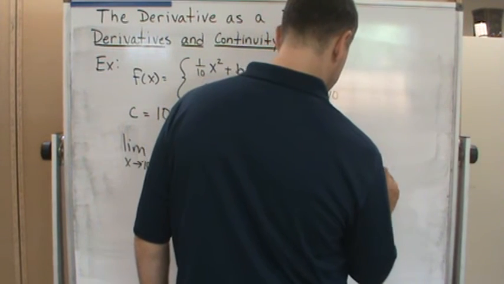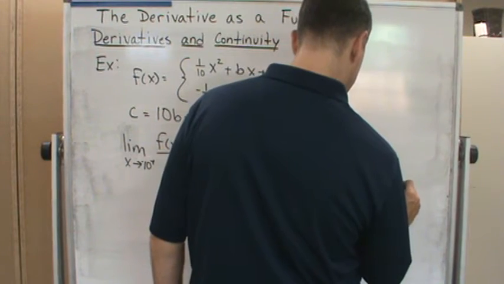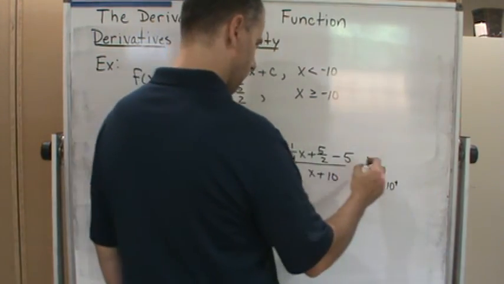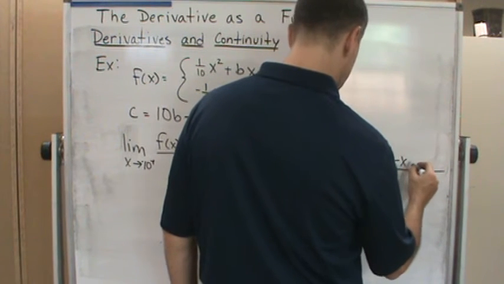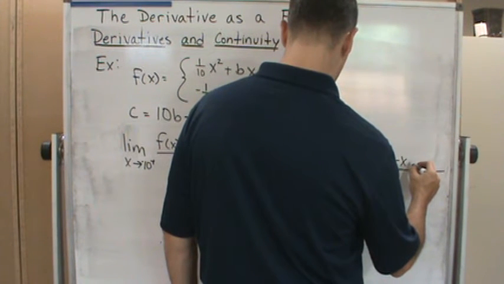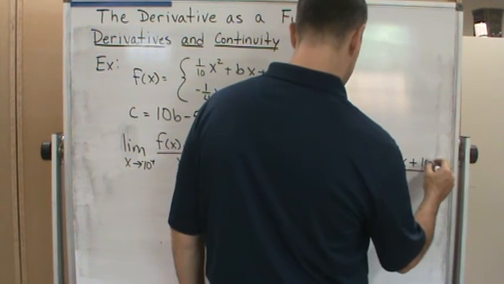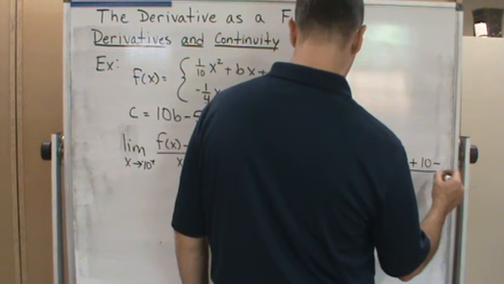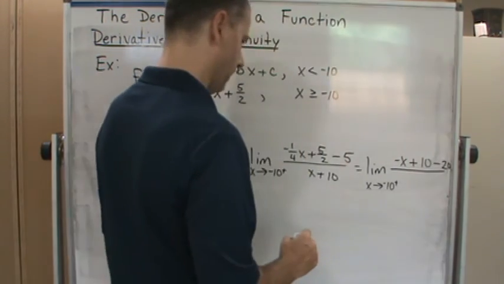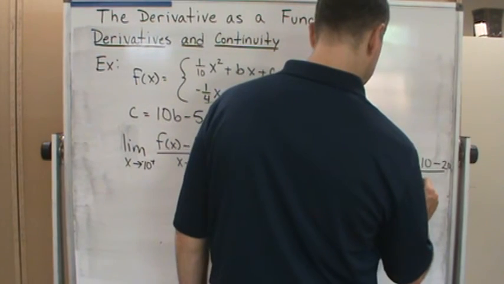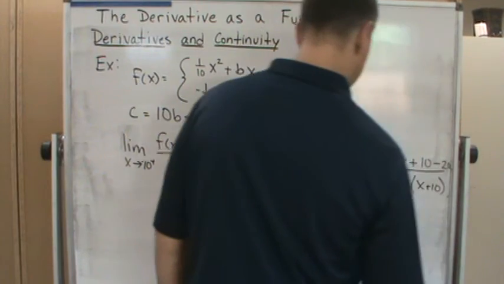So that means we're going to end up with the limit as x approaches negative 10 of negative x plus 10 minus 20, over 4 times x plus 10.